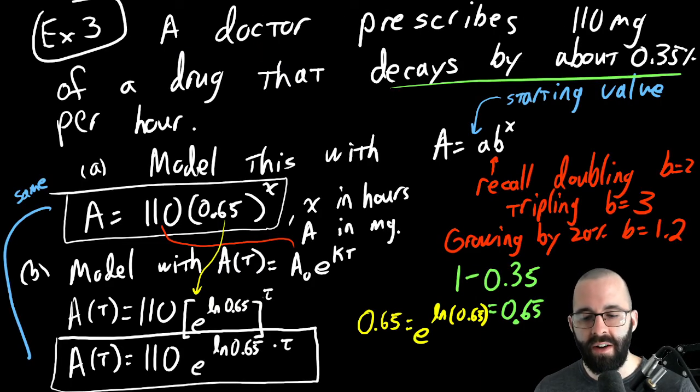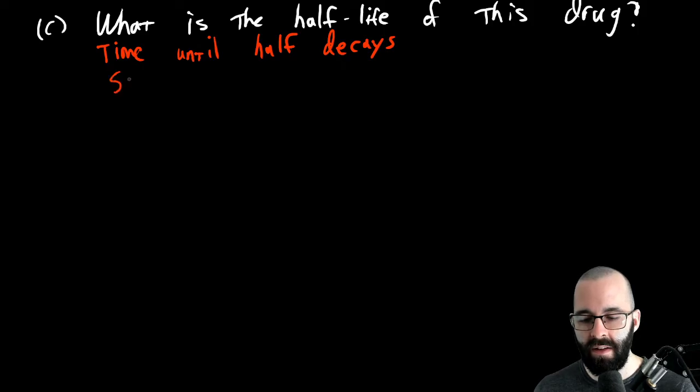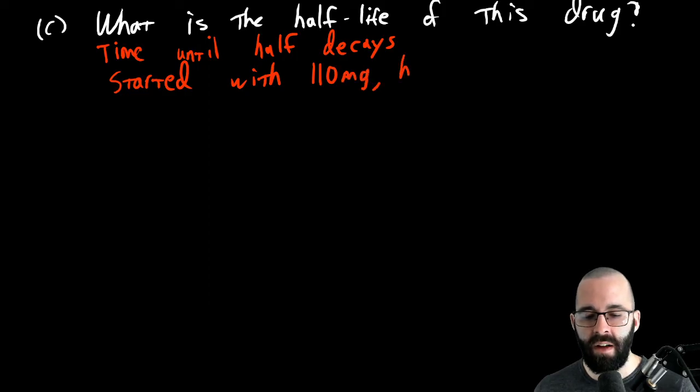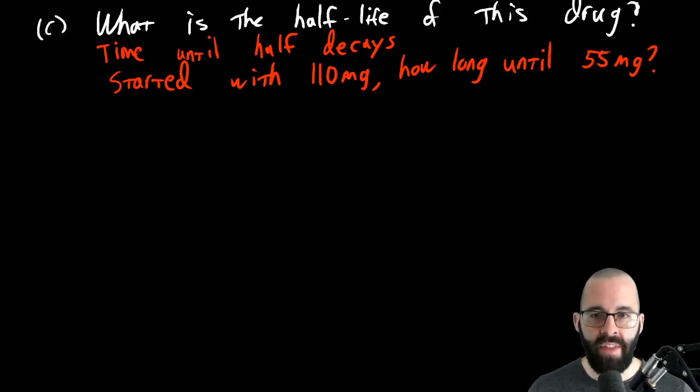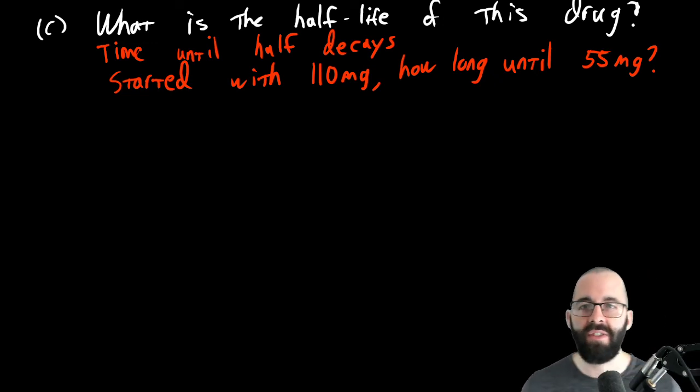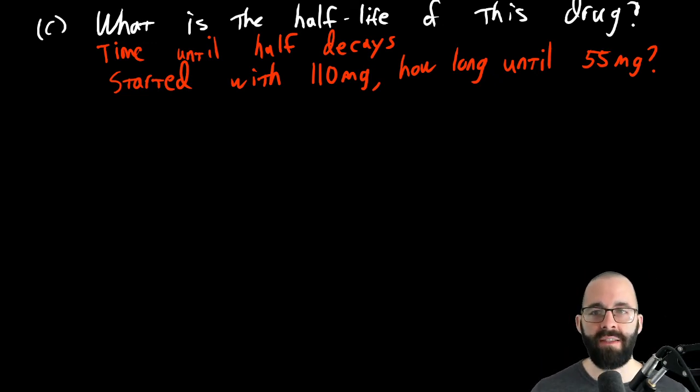Well, if we started with 110 milligrams, how long until half is left? That's our half-life. Half-life is how long it takes until half decays. If we started with 110 milligrams, we find the half-life by figuring out how long it takes until 55 is left.